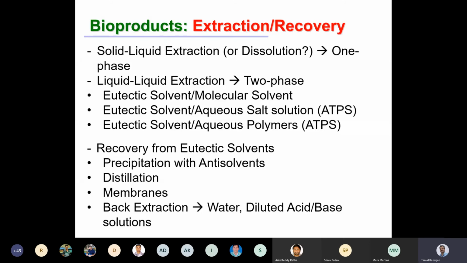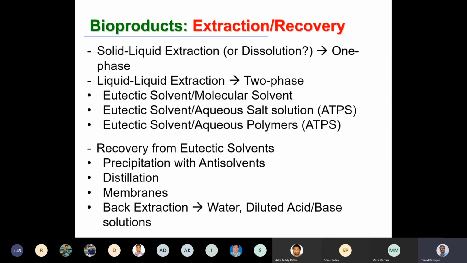And then recovery. Increasingly, many articles have this requirement that includes the recovery, not just doing all the work with extractions and then obtaining the byproducts pure at the end of the work. So there are some types of recovery that you can try.